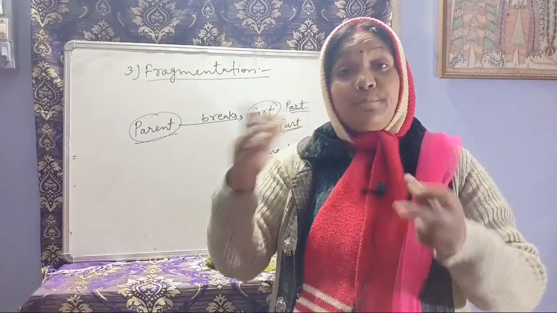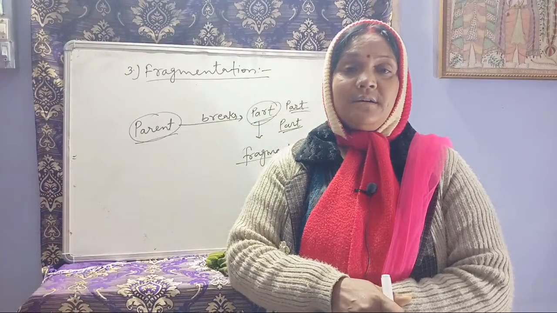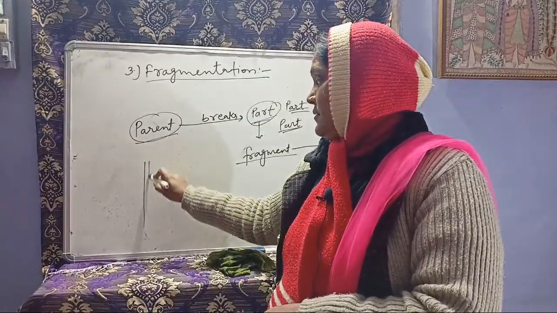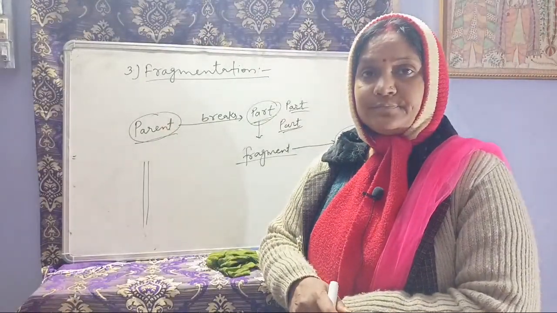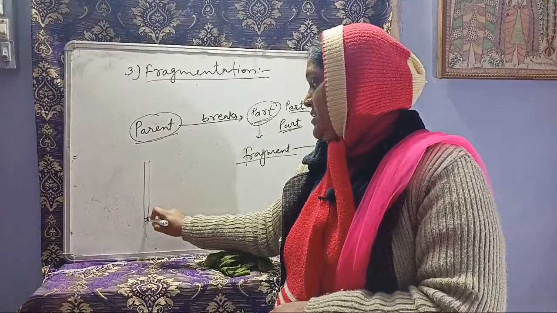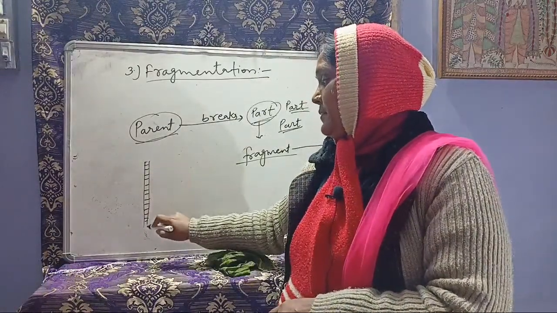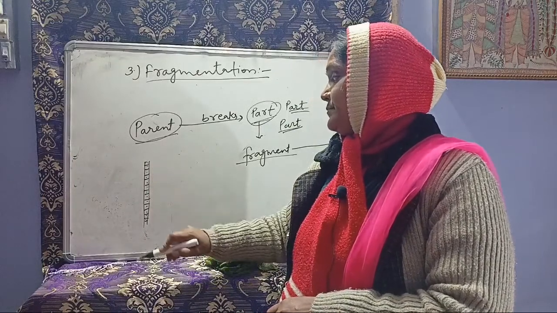The parental body breaks into smaller parts. For example, when the parental body is filamentous, many cells are arranged one above the other and form a filament-like structure.